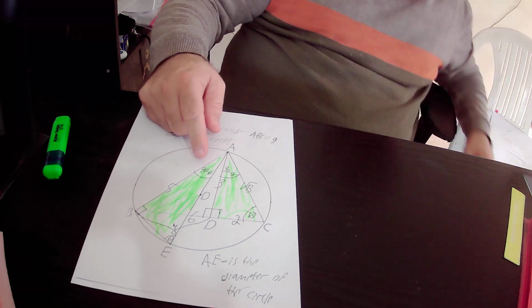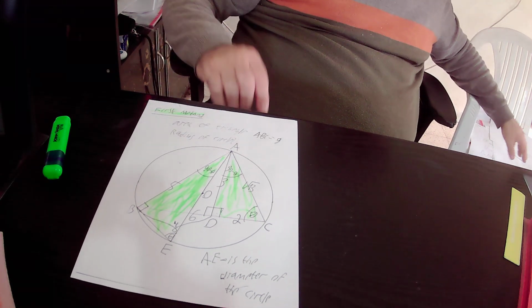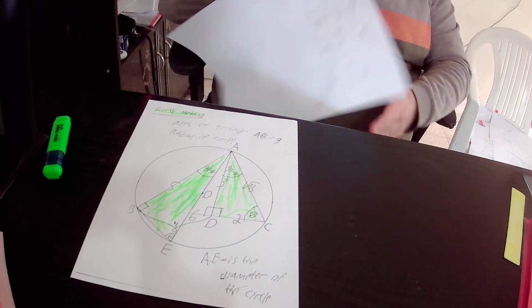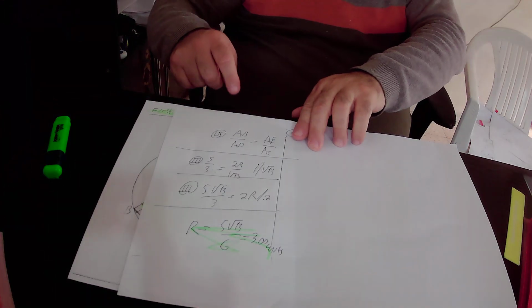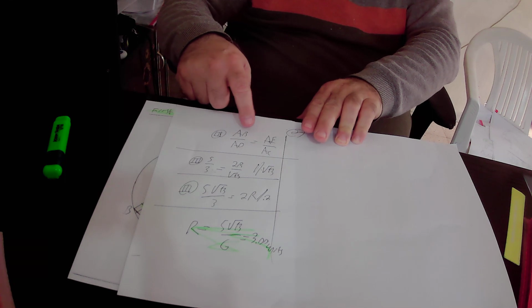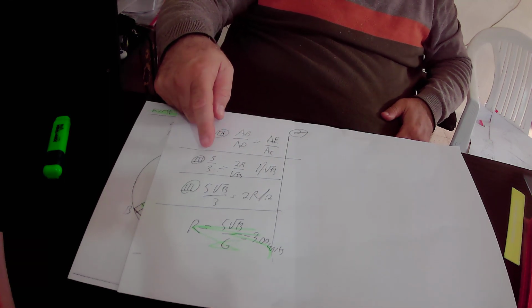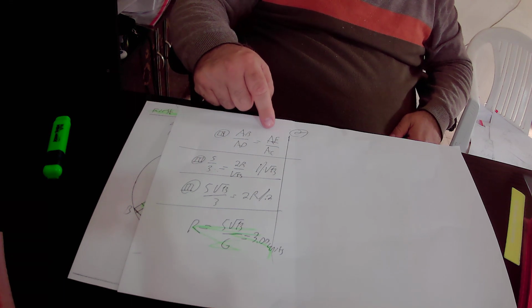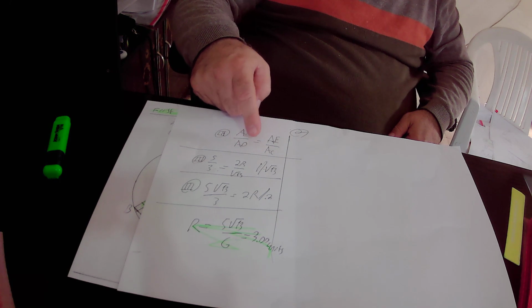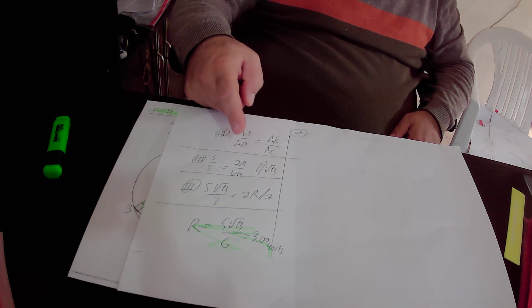And from the fact that those two triangles are similar, we derive that AB over AD equals AE over AC. AB is 5, AD is 3, AE is the diameter of the circle, that is 2 times the radius, 2r, over AC, that is the square root of 13.